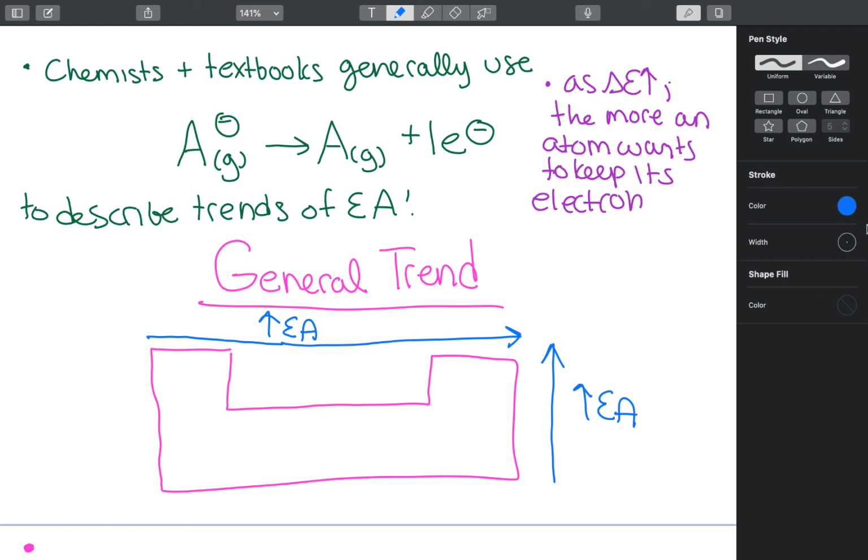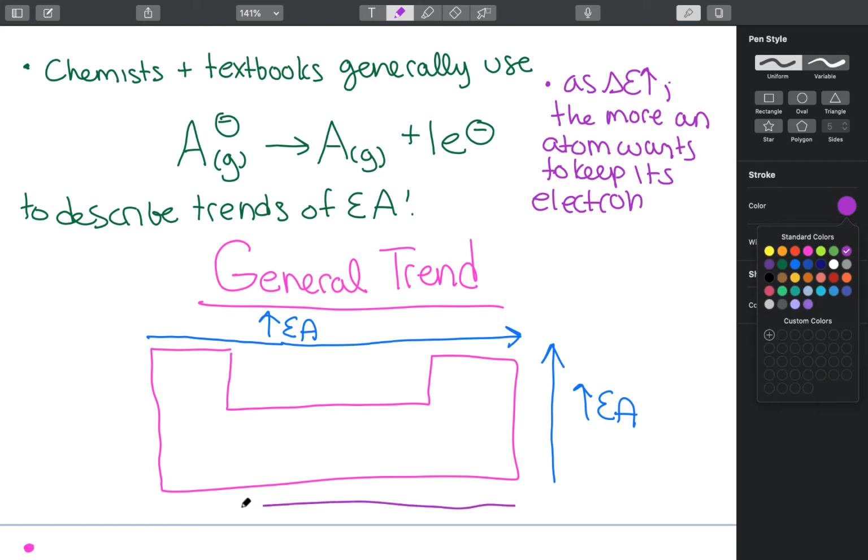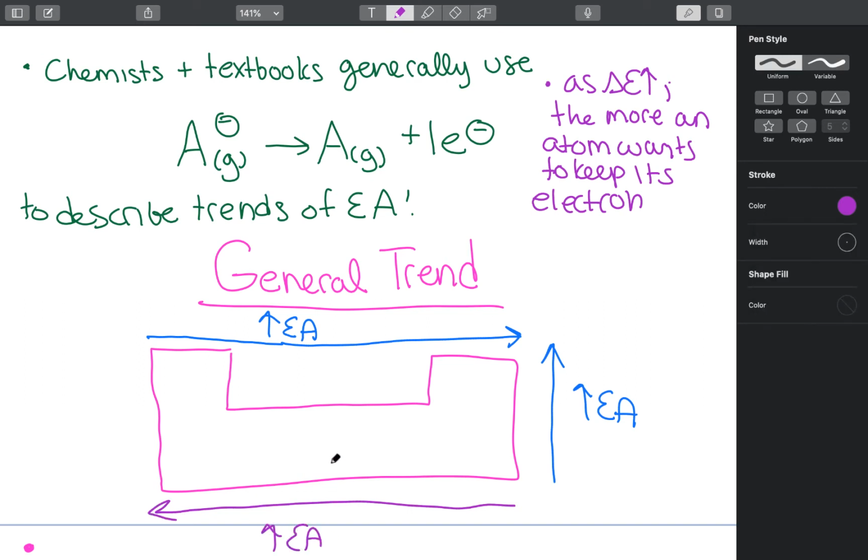However, electron affinity tends to decrease as we move from right to left. And as we go from top down, electron affinity tends to decrease as well.